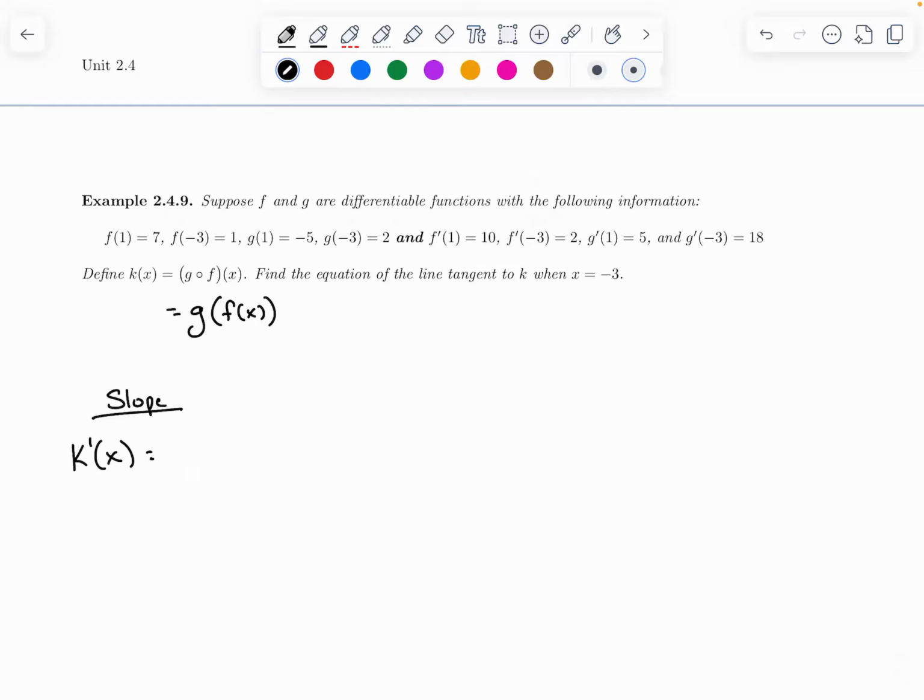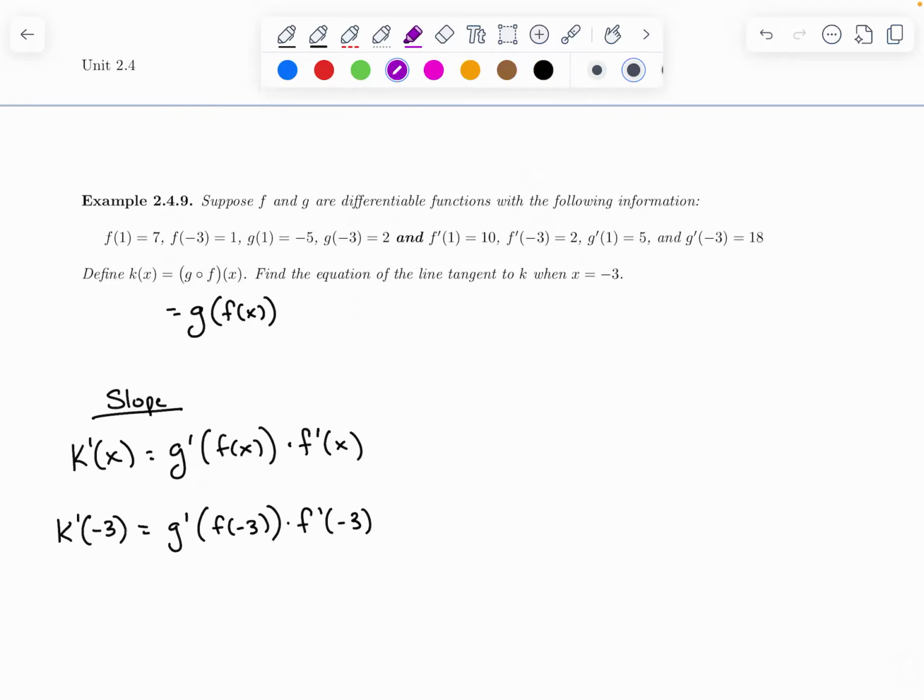That would be the derivative of the outside function, so g prime of f of x, times the derivative of the inside, f prime of x. So k prime of negative 3, which is going to be the slope of our tangent line, is g prime of f of negative 3 times f prime of negative 3.